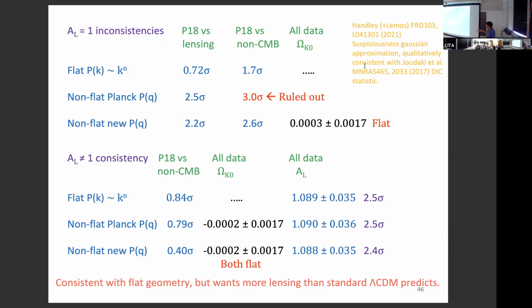When you start comparing to the P18 data and the non-CMB data, if you set a threshold, and you've got to do this, this is arbitrary. If you set a threshold of 3 sigma, then in this model with the Planck power spectrum, the P18 data and the non-CMB data are inconsistent at 3 sigma.